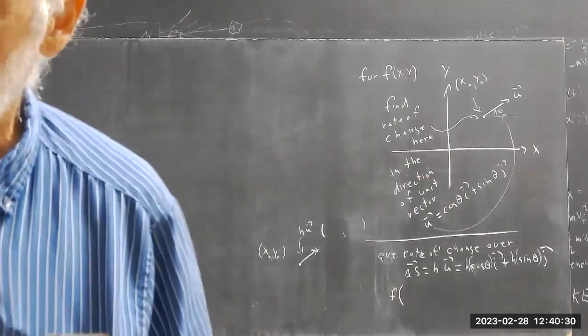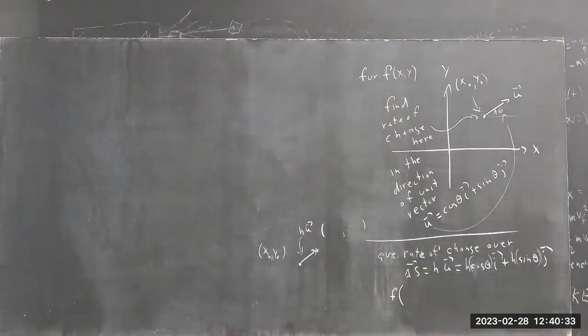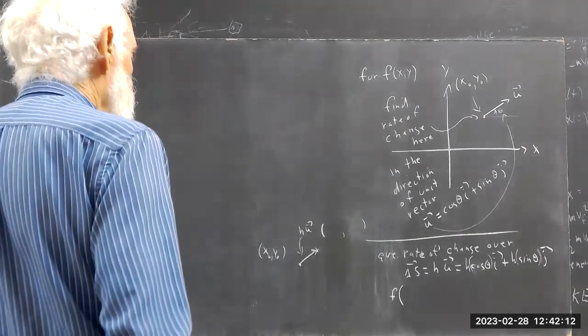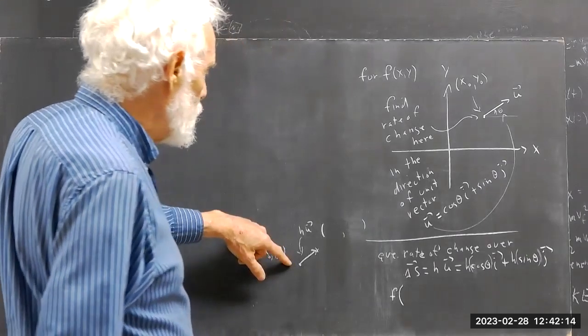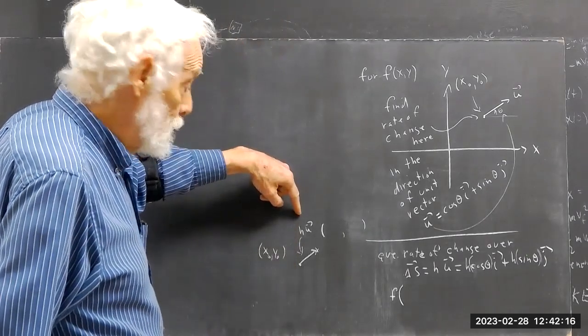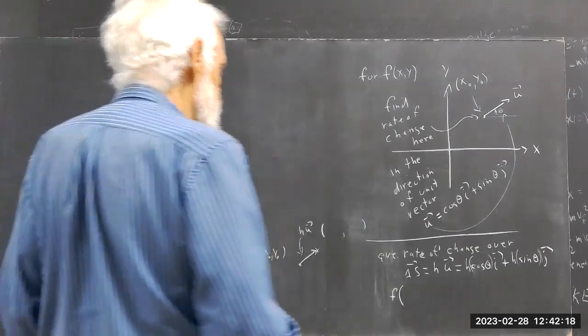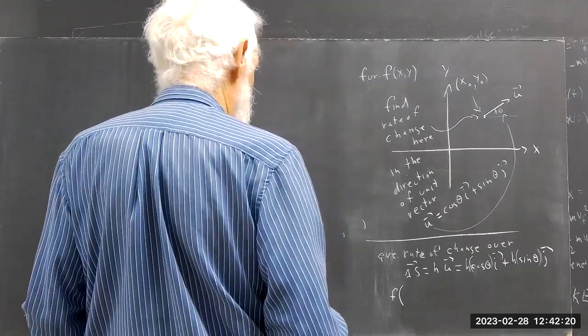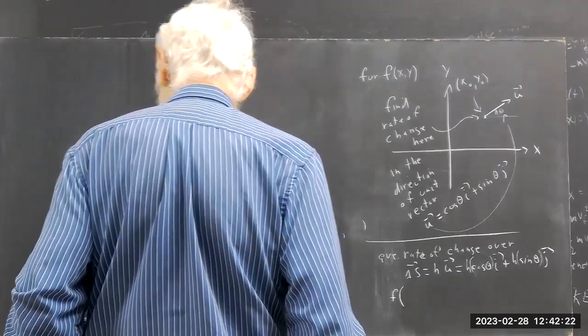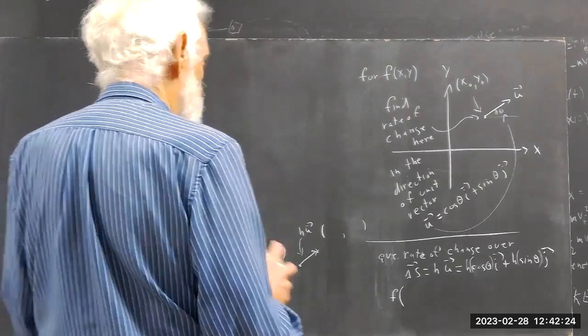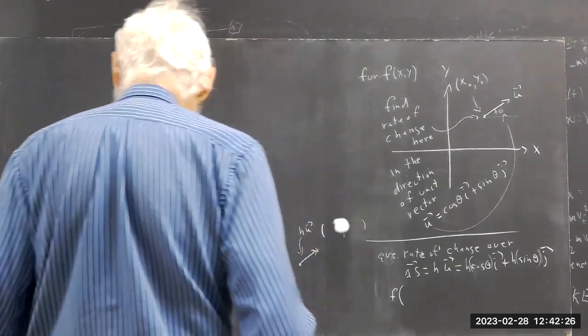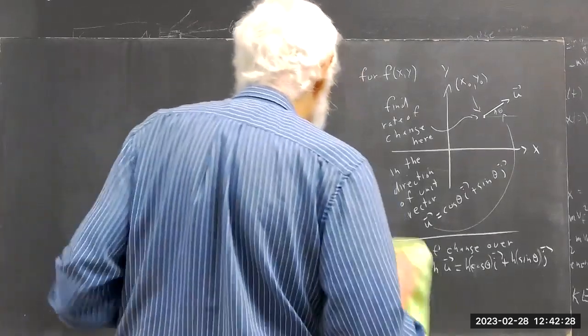Can you write the coordinates of that point? We start at x naught, y naught and travel along hu.